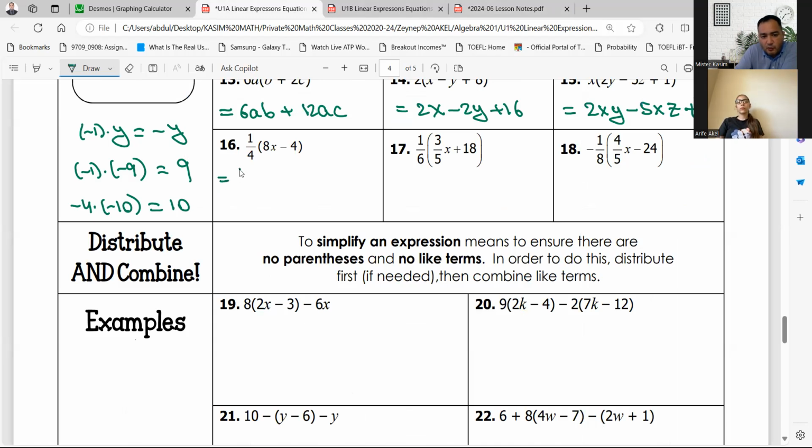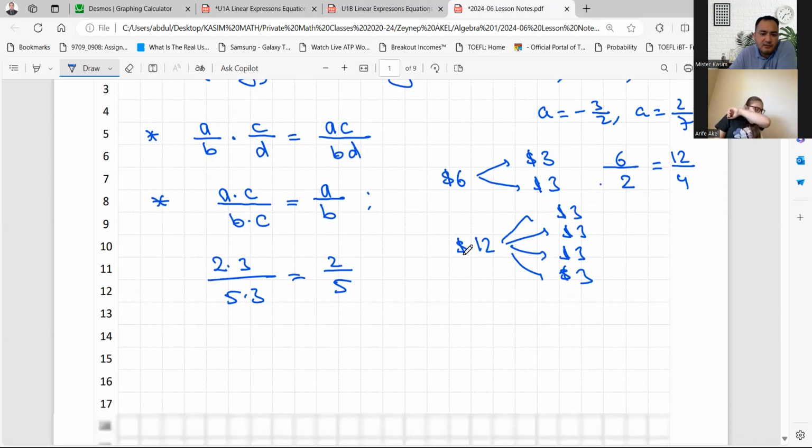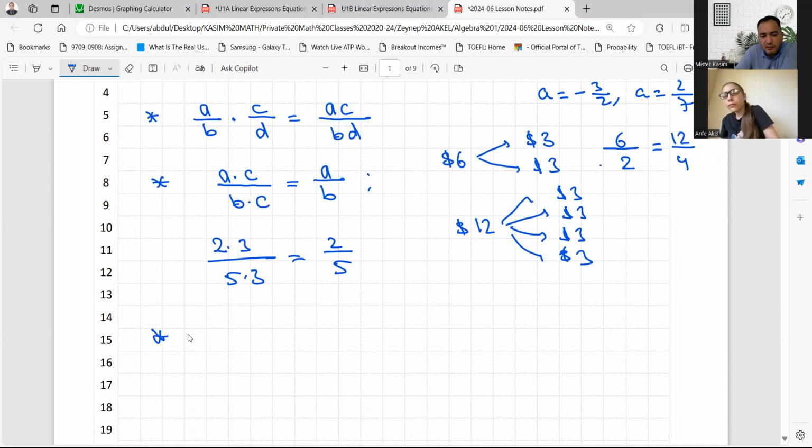So keeping this in mind, Zainab, how do I simplify this? So that's equal to 1 over 4 times 8. What is 1 over 4 times 8? So 1 times 8 would just be 8, divided by 4, right? We're going to put a 1 under the 8.